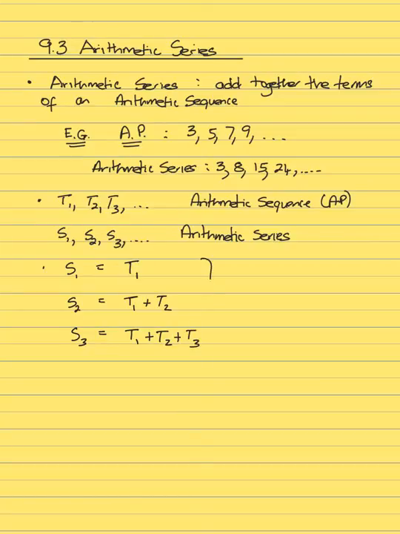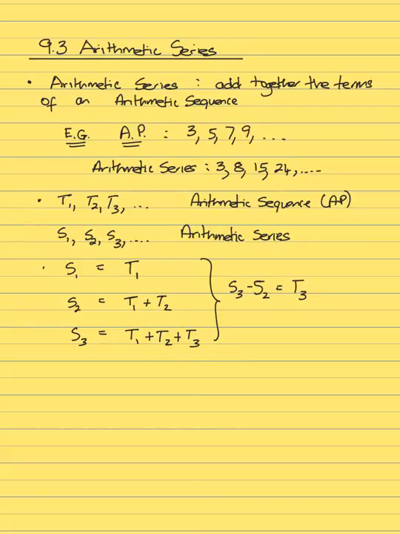And we should notice from this that if we have S3 and we take away S2, so S3 minus S2, that leaves us with T3. Have a look at that. S3 minus S2 leaves us with T3.